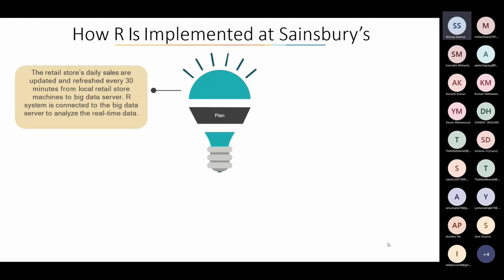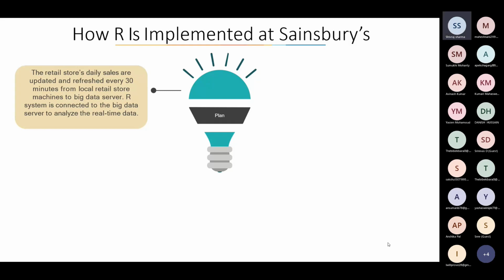So the data available on the R server, or you can say the big data server, is updated every 30 minutes. What is the benefit of updating the data every 30 minutes? Every 30 minutes, R analyzes the data in a real-time scenario.